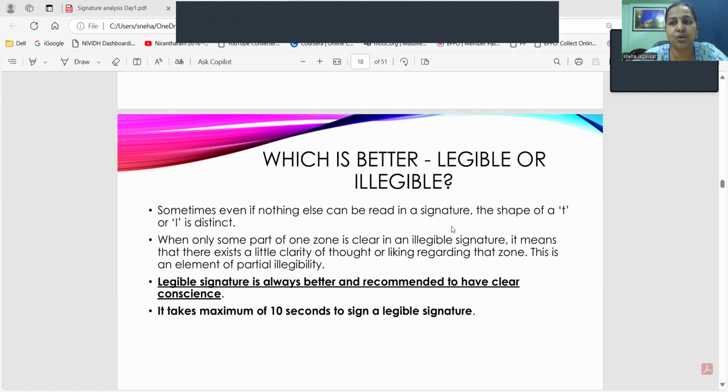So please be sure that wherever in the world you go, whichever document you're going to sign, see to it that your signature is completely legible. This question has been asked to me umpteen times by my clients, my students, anybody: ma'am, how is it possible?